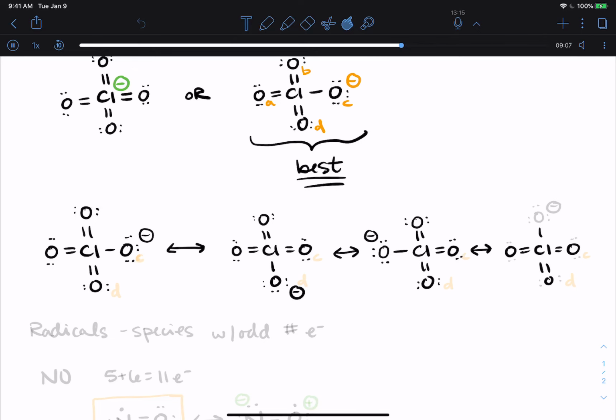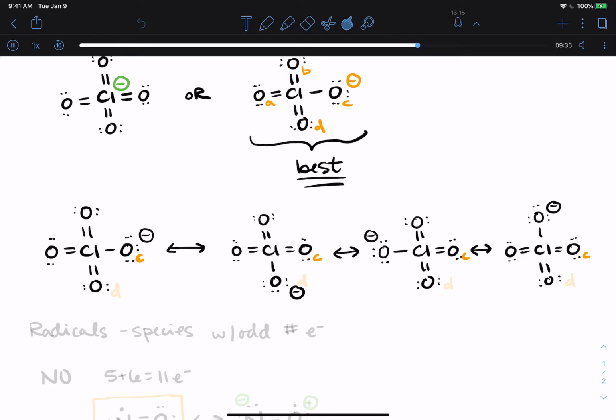When you are doing these, I very strongly recommend that you do this kind of systematic movement of electrons and make sure you're only moving electrons. Let's track this. This was oxygen C to the right. It's still oxygen C in that exact same position.